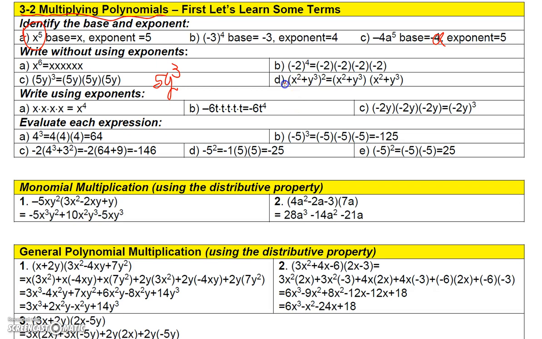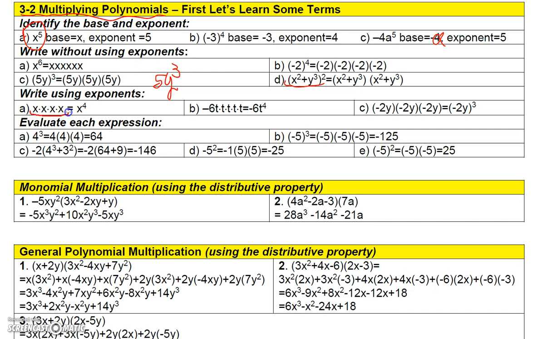Nope, that's wrong. So I have to fix that. Just bear with me a second. Sometimes I proof these as I go along. So anyway, 2y times minus 4xy is minus 8xy squared, and then 2y times 7y squared is 14y cubed.